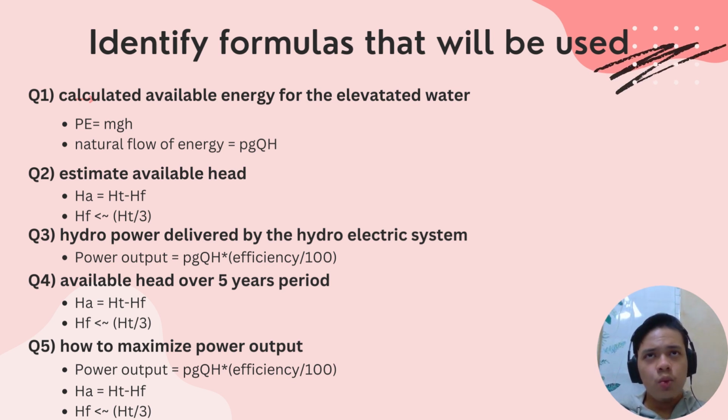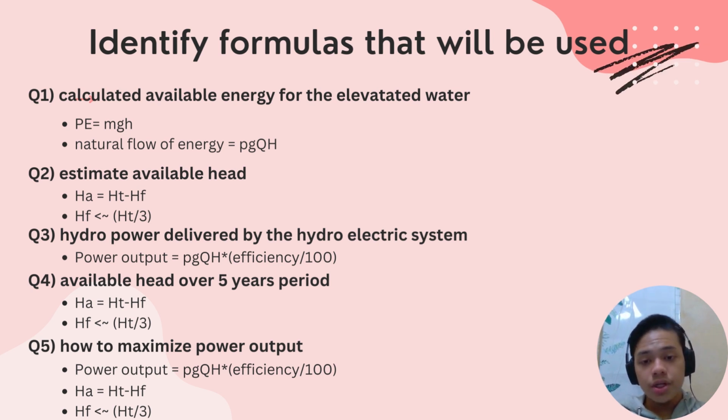Okay, so we will get the total potential energy of the whole water. But we can also find energy per unit time. Therefore, we can use the formula of natural flow of energy, which is equal to rho times G times Q times H. Rho is density of water, G gravitational acceleration, Q is flow rate, and H is height.